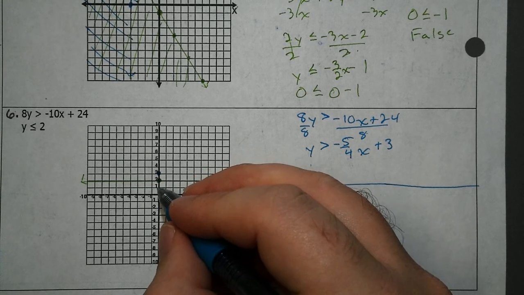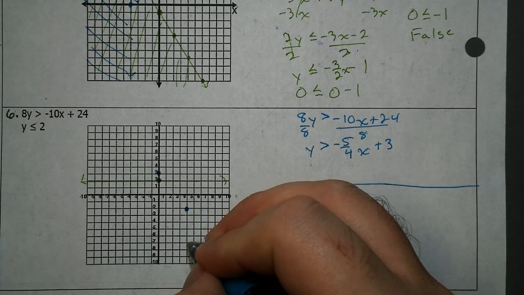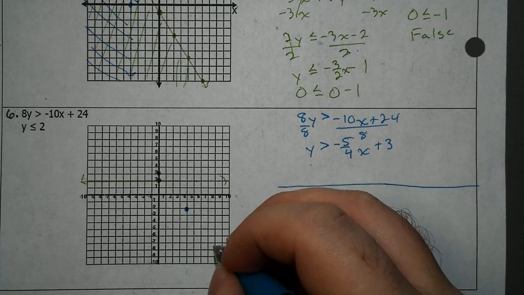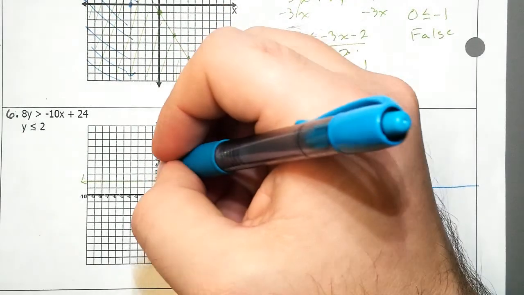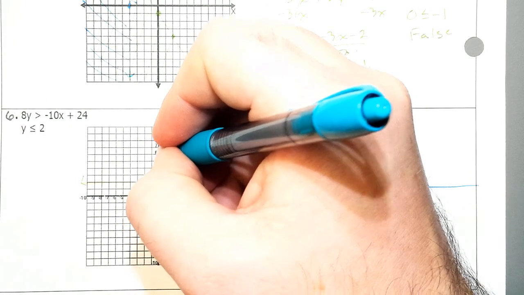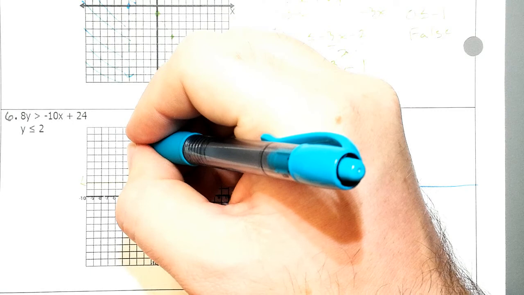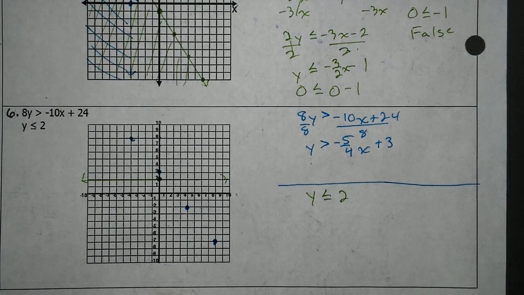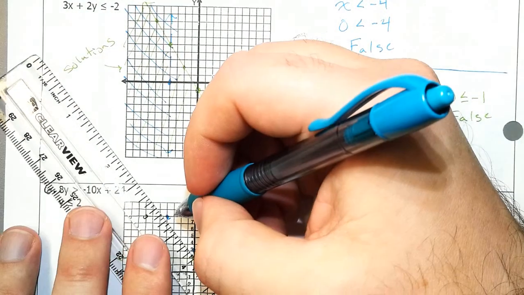Let's see, 1, 2, 3, 4, 5, good, and then over 4. And I ran out of room. Let's see if I can go backwards. Up. Now this one is going to be a dashed line because it just has the greater than symbol.